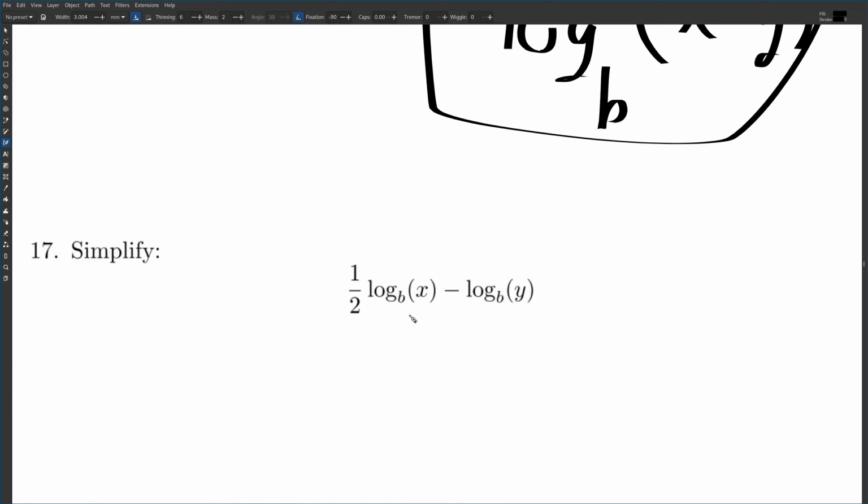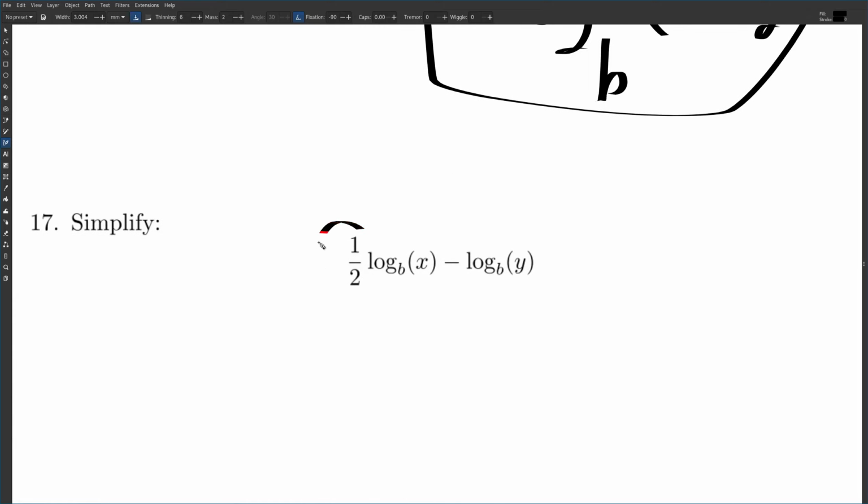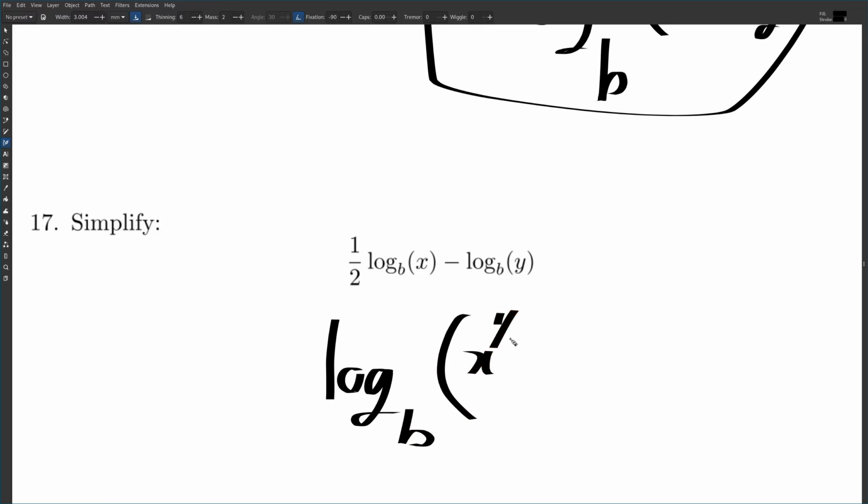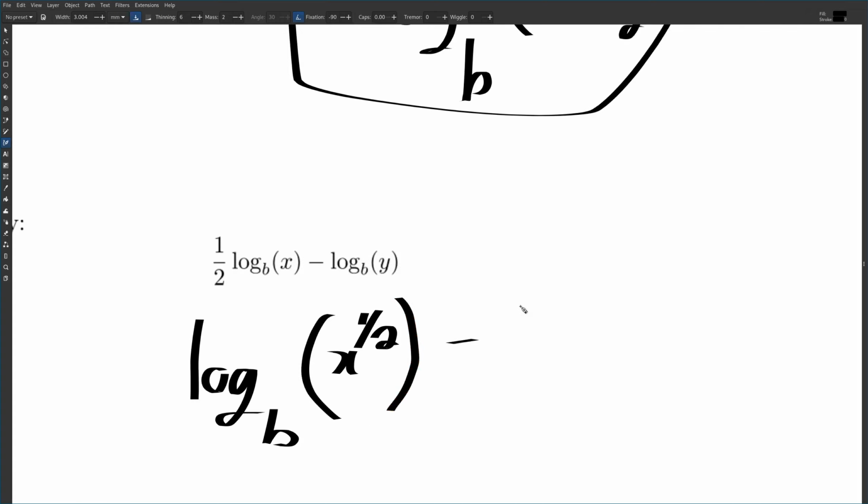This one, simplify. Again, we still have a constant on the outside, which we can bring to the inside. So we have log base b of x to the 1/2 minus log base b of y.